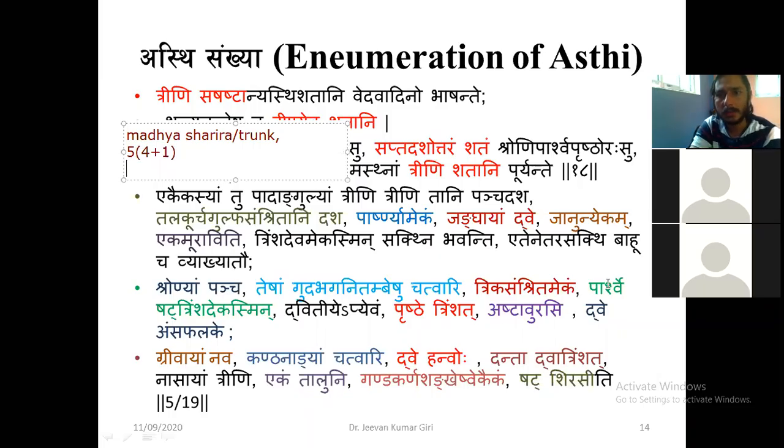Then next, Parsho Sattrimshad Ekasmin Dvaditiye Apyevam. Now see here, in one parsho there are Sattrimshat, that means 36 bones present in one side of the parsho, and similarly on the next side also.